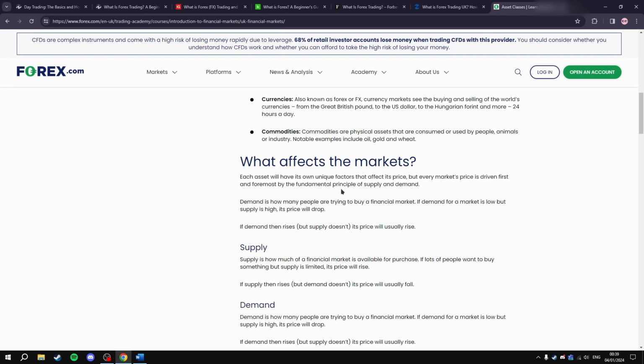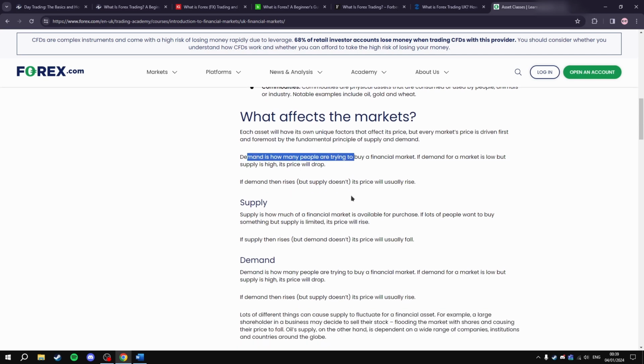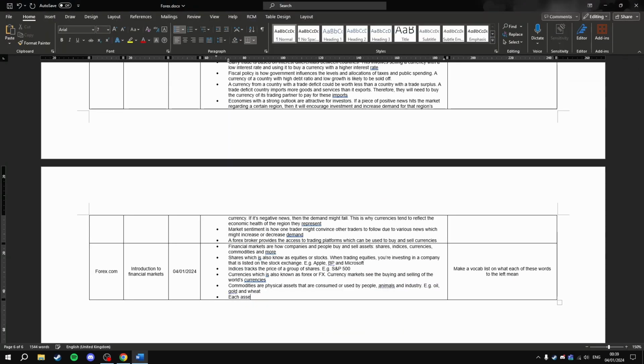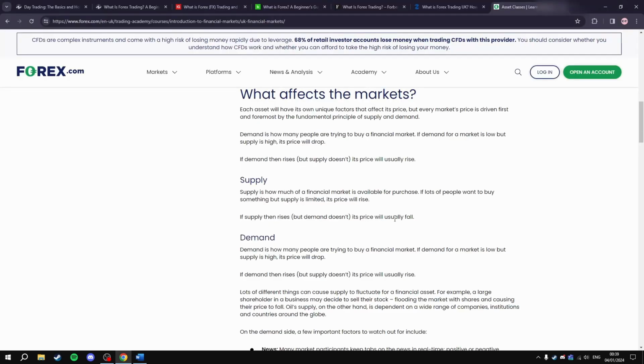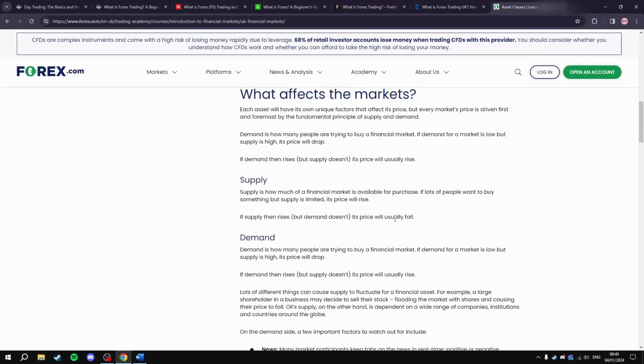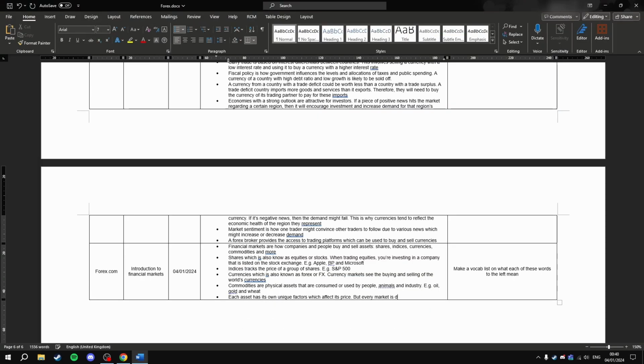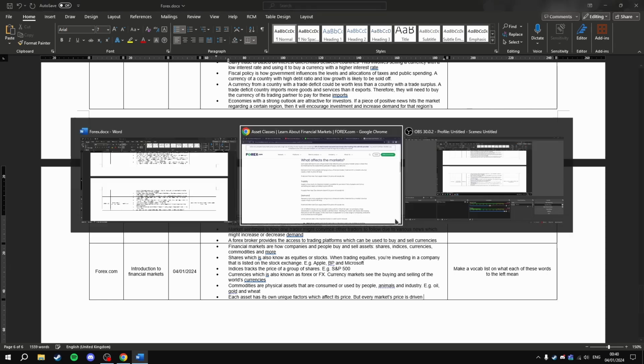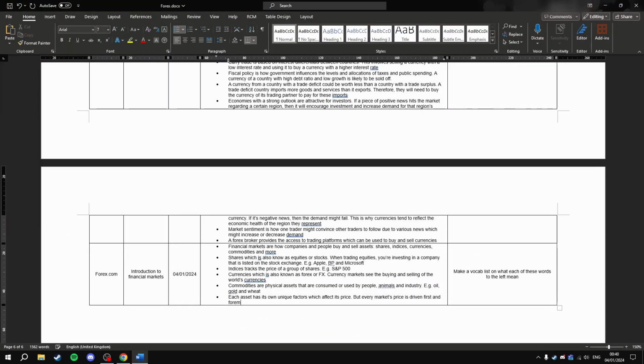But every market's price is driven first and foremost by the fundamental principle of supply and demand.